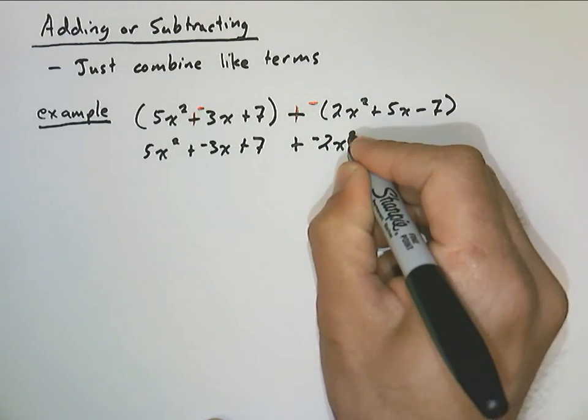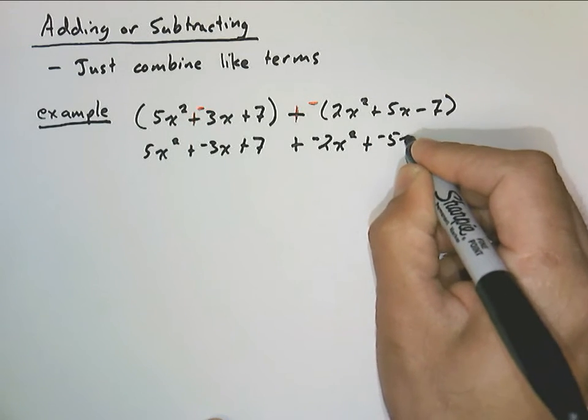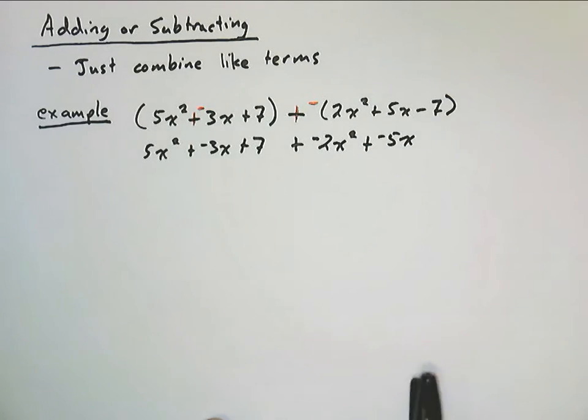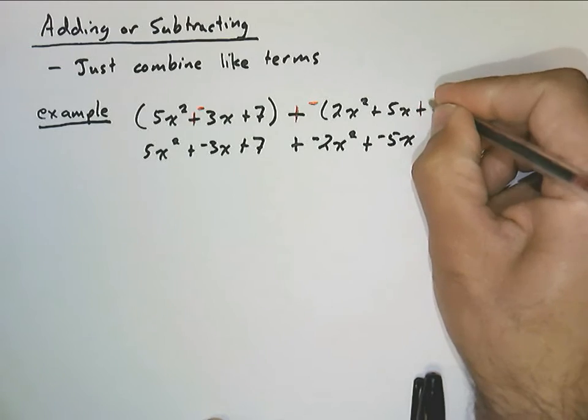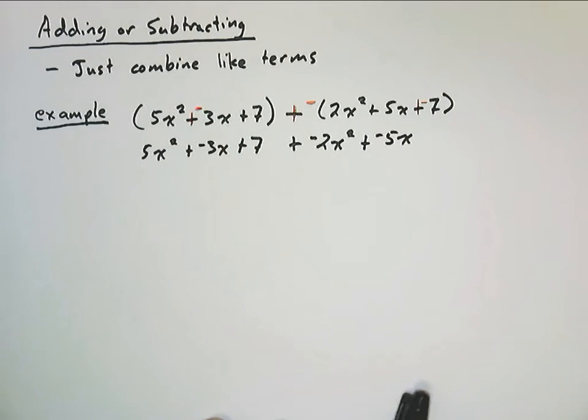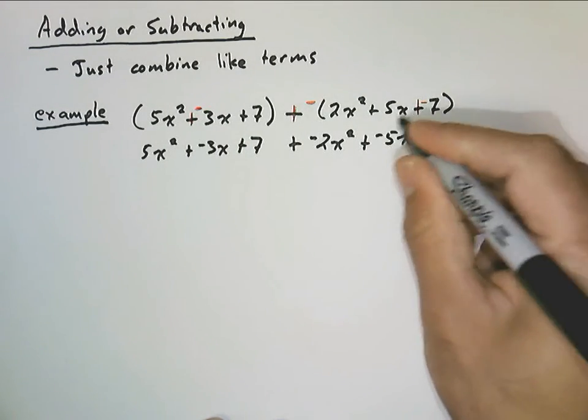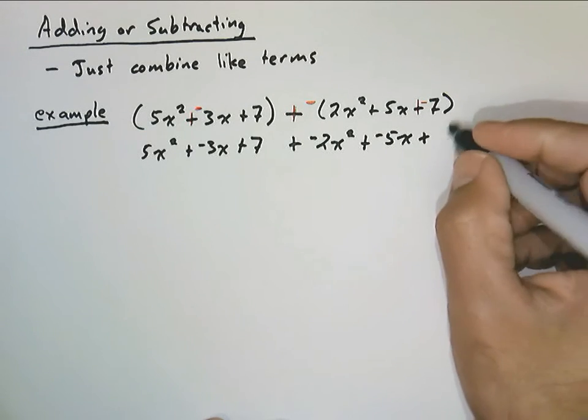Negative 2x squared plus negative 5x minus, oh, I forgot to switch this one around, plus negative 7. So it's plus the negative of negative 7, which is, of course, positive 7.